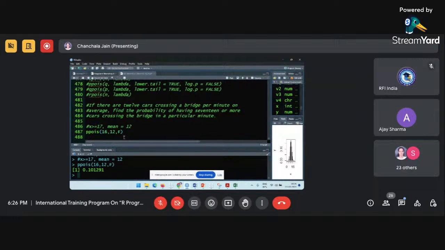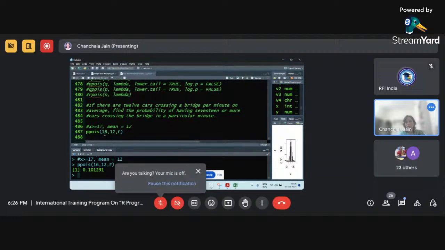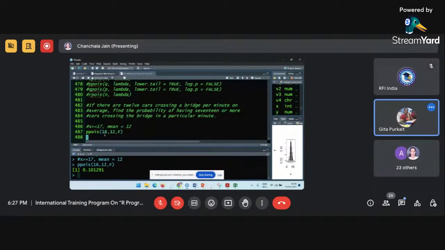Fine. 17 or more. Yes, 17 will be included at the upper side, so we will take 16 here. It will go towards 17, 18, 19. I think it will be more. 17 or more. Yes. So I need to write here, according to Gita ma'am, what?